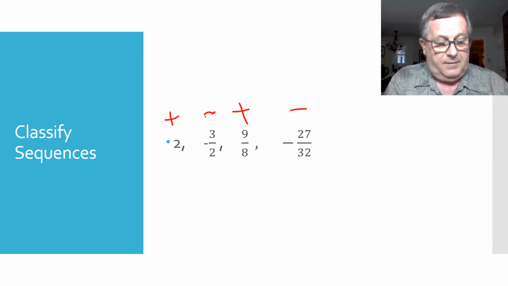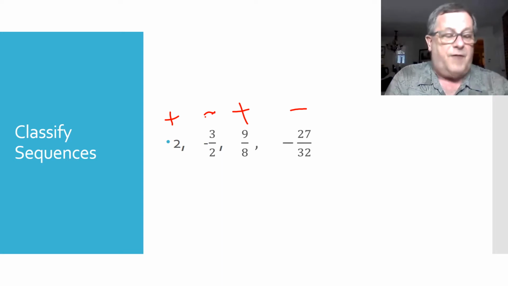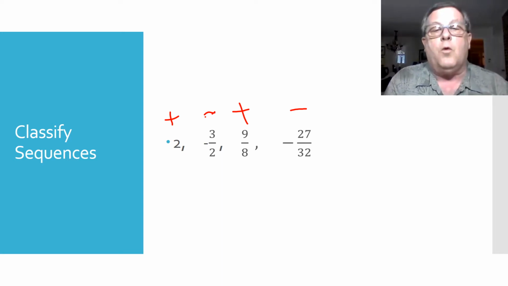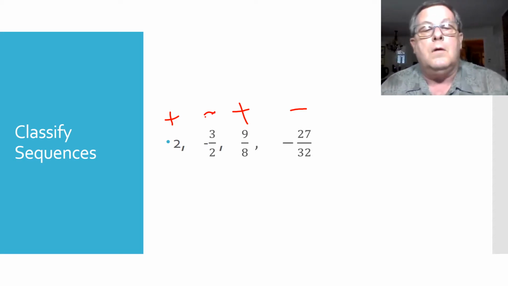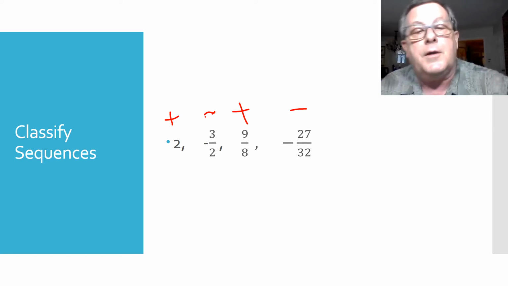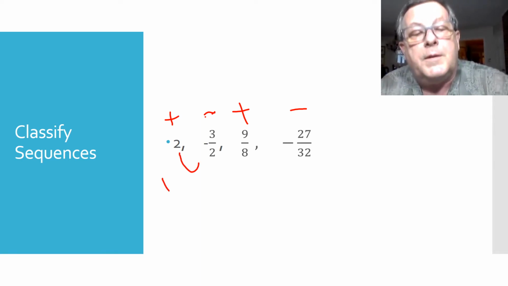So let's see, my parentheses, -3/2 on my calculator, close my parentheses, divide it by 2, hit enter, and I get -0.75, or -3/4. Okay, so I've got a common ratio here of, and it'll be times -3/4.